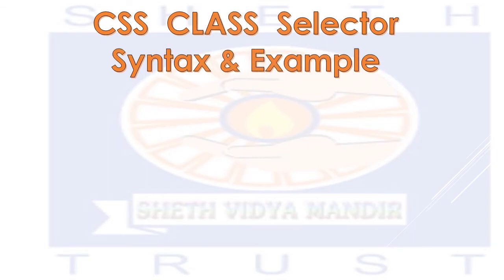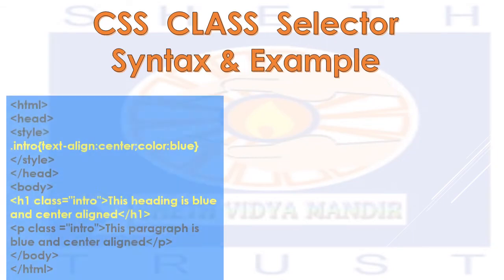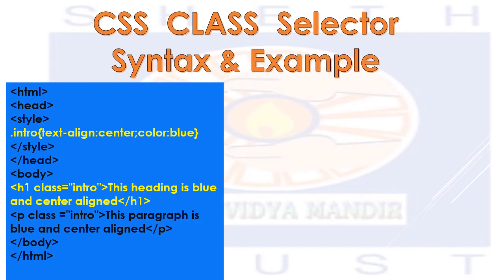Now come back to the syntax and an example. What do you mean by a class selector? How do you use it in your file and what type of output do you get? See here students, again on the left hand side you have the HTML document. You have to type like this and you can see a dot is given in front of intro.